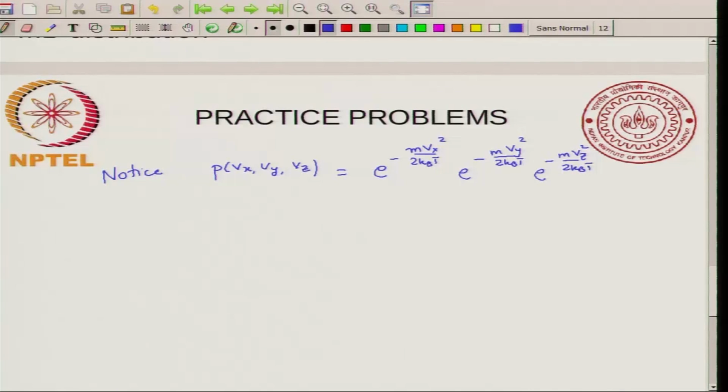Okay. So, what we realize is that this distribution factors into 3 distributions, one that depends only on Vx, other that depends only on Vy, and the third that depends only on Vz.